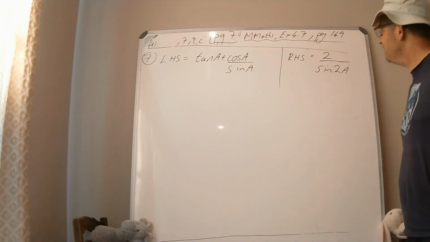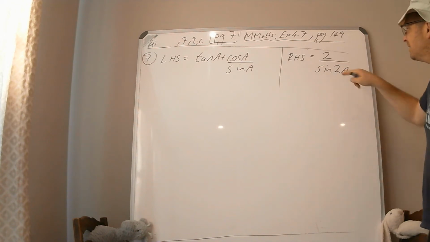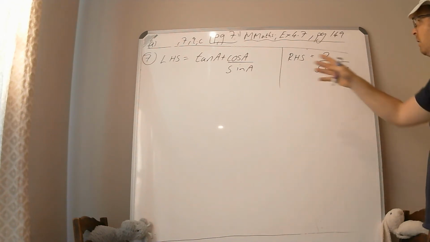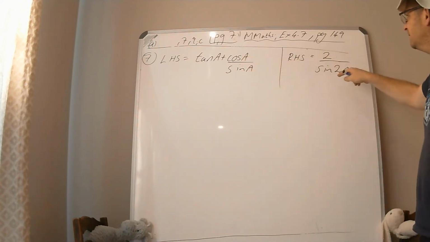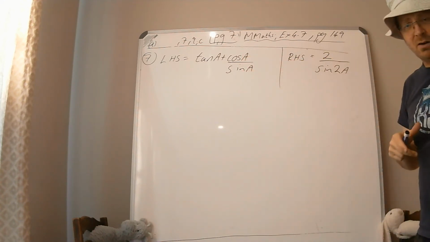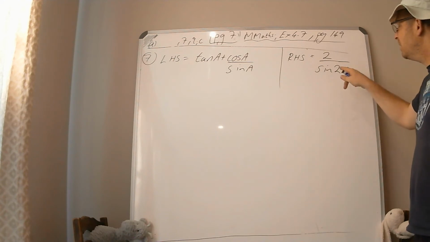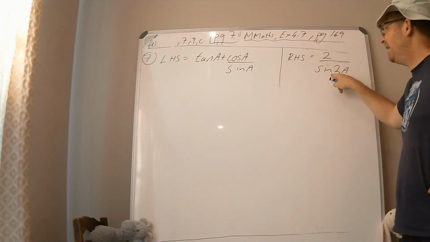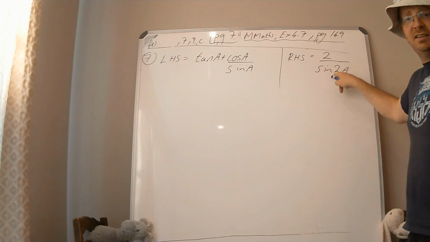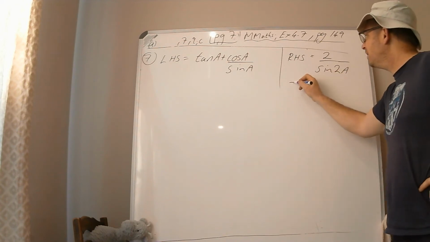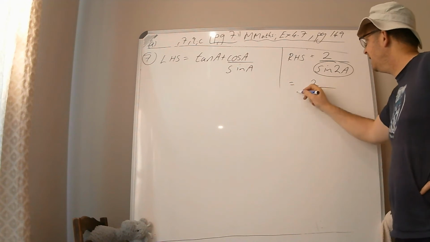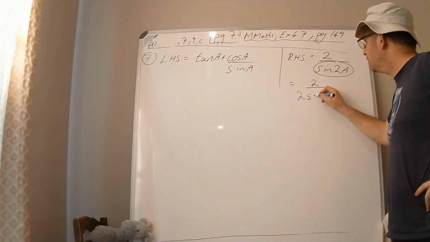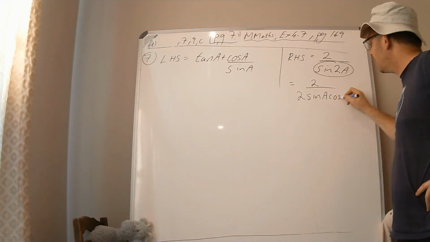Right, so Husna, 2 over sine 2a. The left-hand side is tan a plus cos a over sine a. The right-hand side is 2 over sine 2a. You've got to prove that they are equal to each other. There's one double angle here, the rest are single angles, so let's get rid of the double angle, pick up the obvious mark, and sine 2a is going to become 2 sine a cos a.